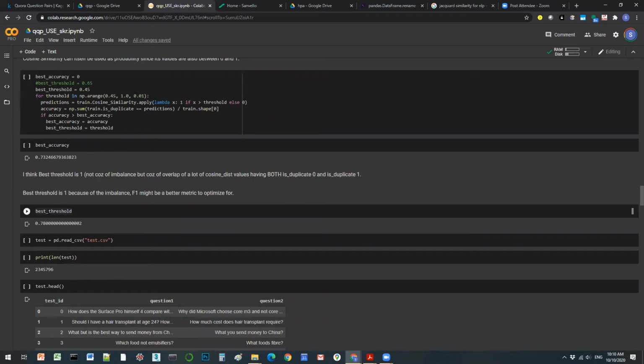But before we go there, the best threshold with this fix that it gave me was 0.78.